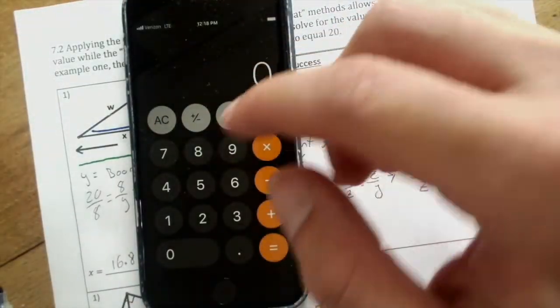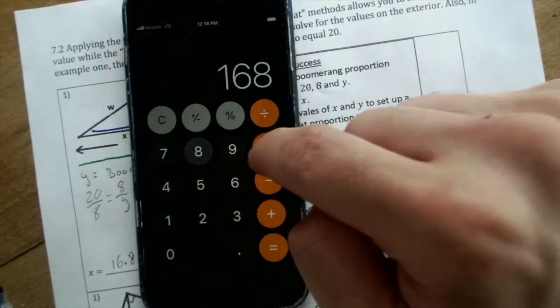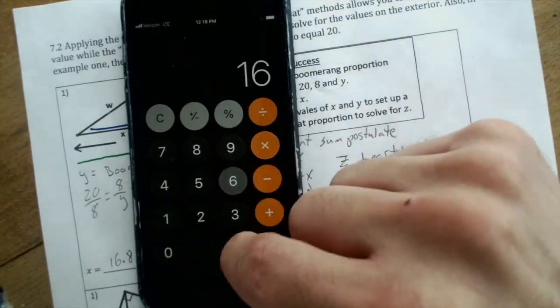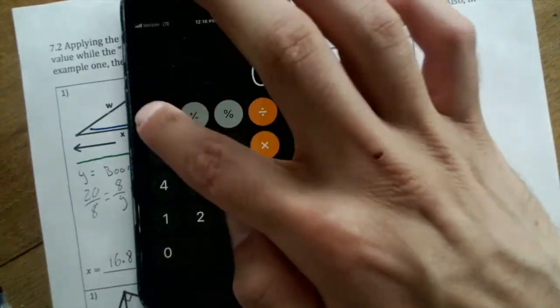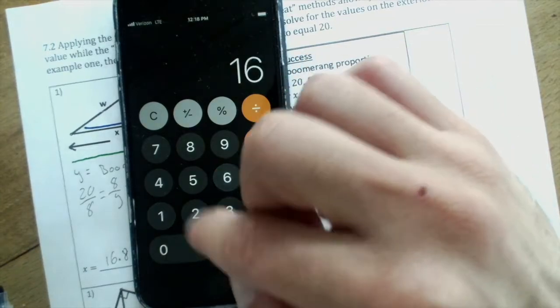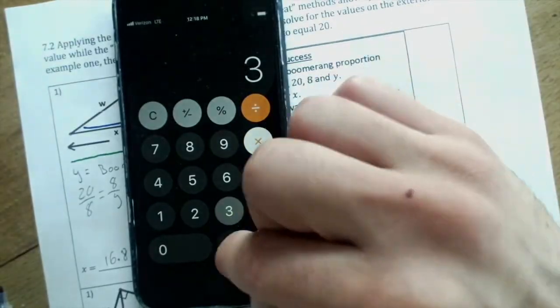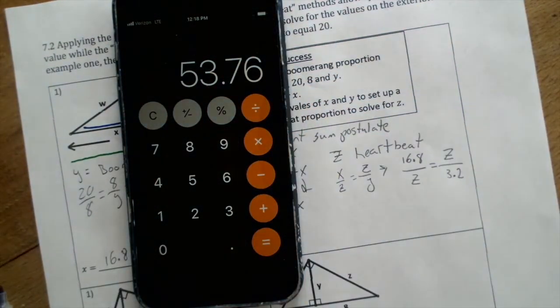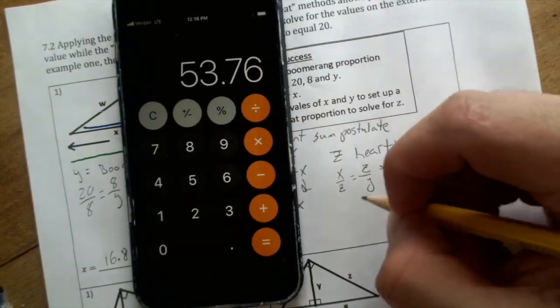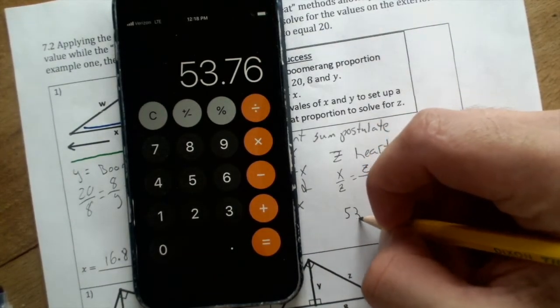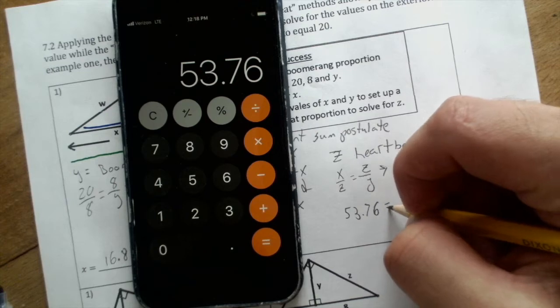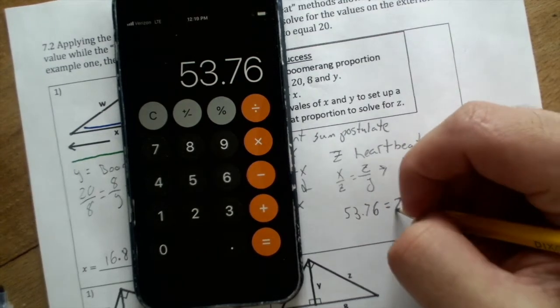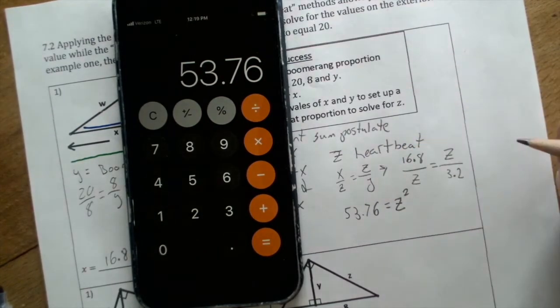Doing 16.8 times 3.2, we get 53.76. 53.76 is equal to z times z, or z squared.